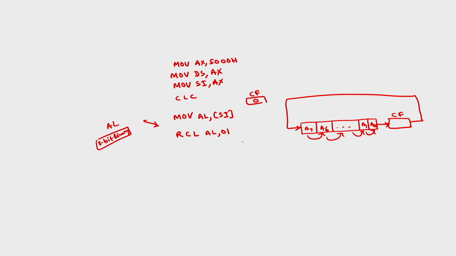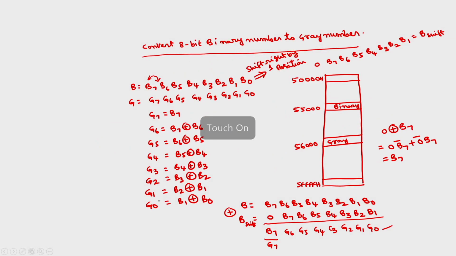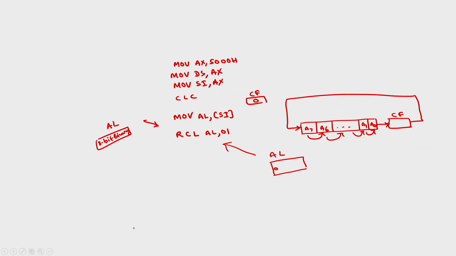So after this RCL operation, before this AL contains the 8-bit number, after this AL contains zero, so in the previous example, 0 comma B7 to B1, B6, and so on up to B1. This is the shifted version.